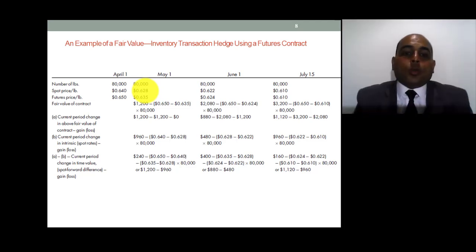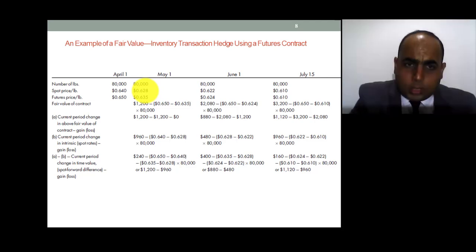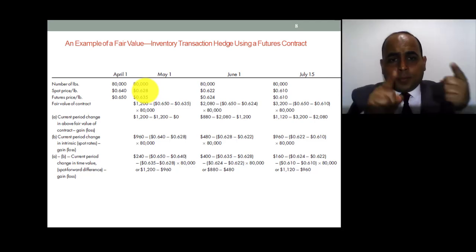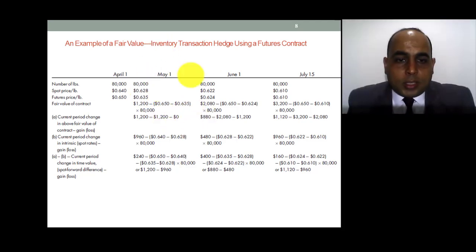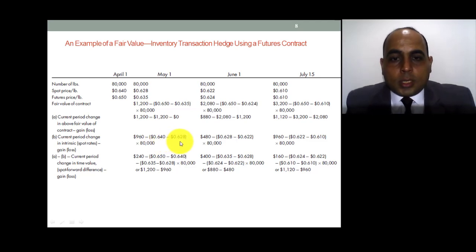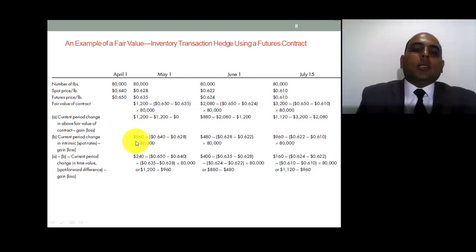So we are talking about a loss because the value of the inventory that we hold has declined from 0.64 to 0.628. The difference, 0.640 minus 0.628, multiplied by the quantity of 80,000 pounds, is 960.